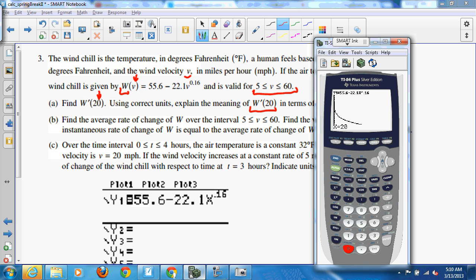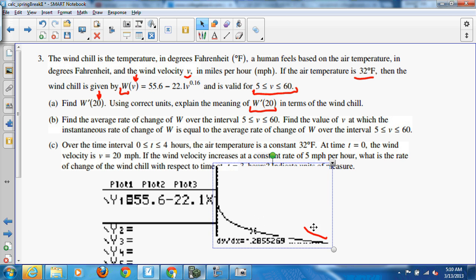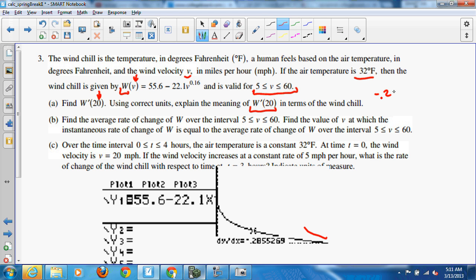Okay. Let's see here. Looks like we have a negative 2.8. So for part A, it is a negative 0.286.